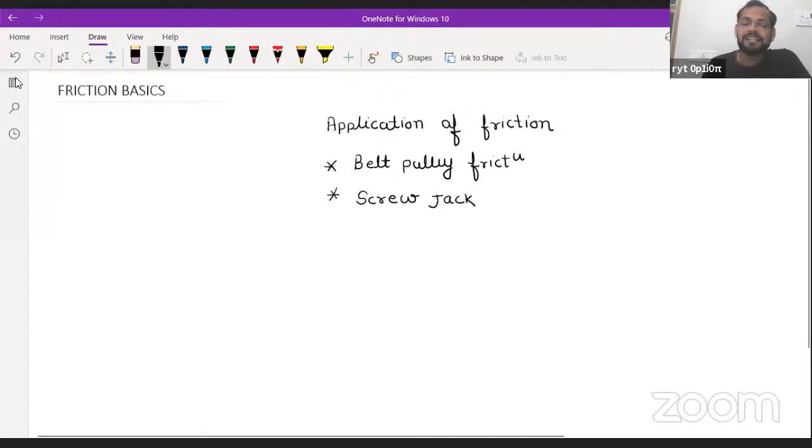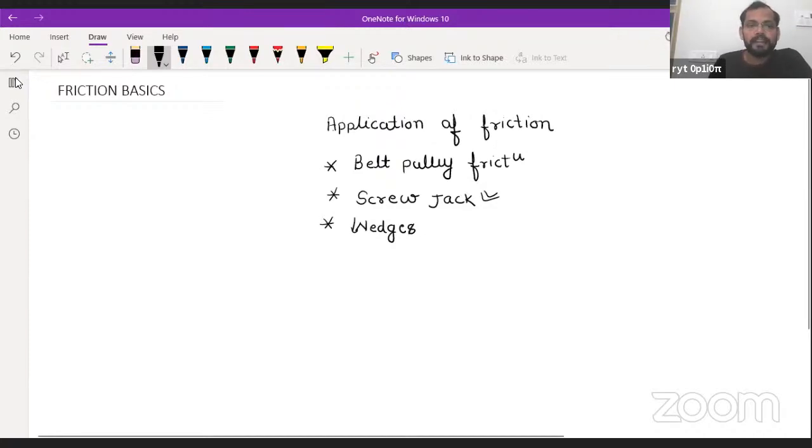But previously this topic was not in the GATE syllabus. I hope you have studied this topic at your graduation level. Now, what is another topic? That is the application of friction, so we will discuss wedges also. And there is one more topic that is completely different.